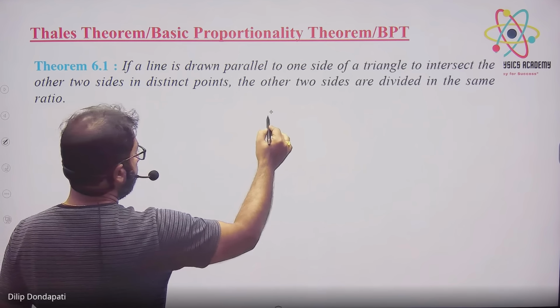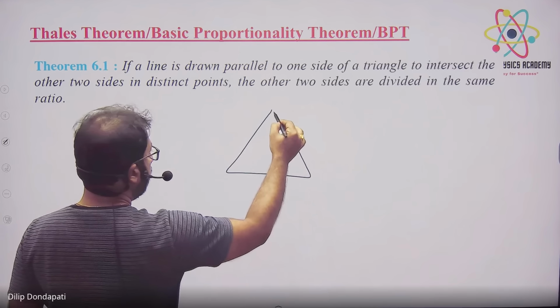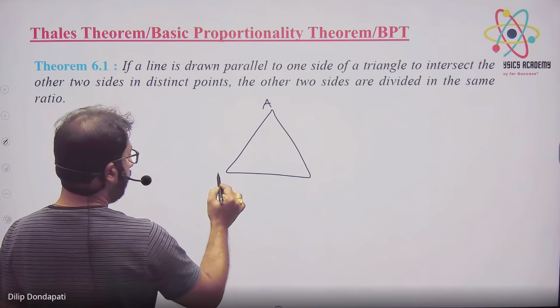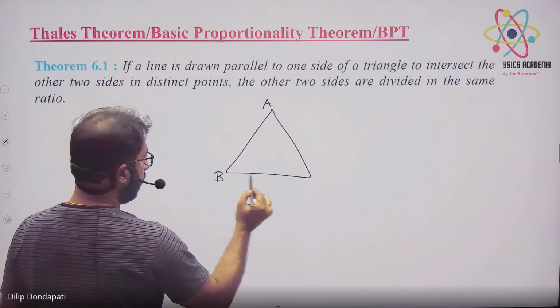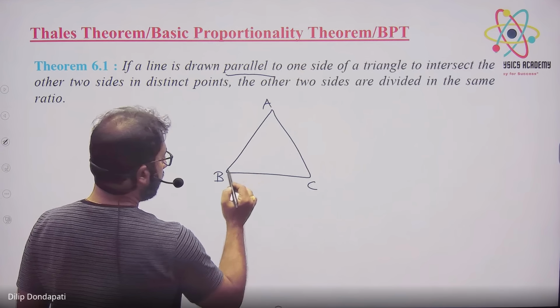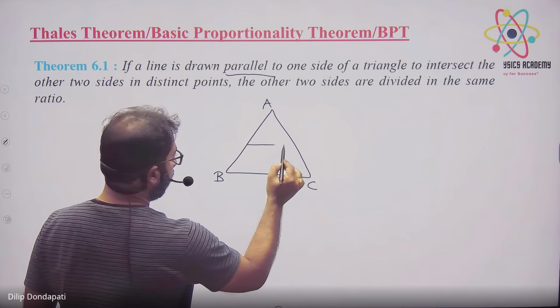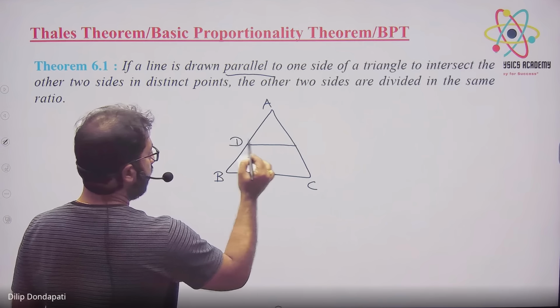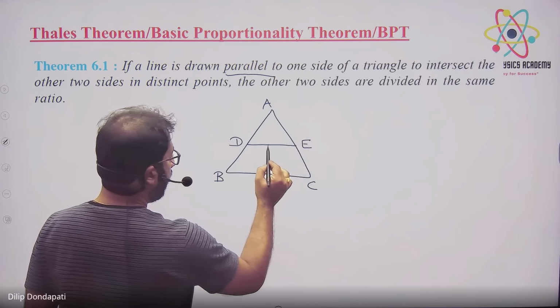A triangle is here. ABC is a triangle. If a line is drawn parallel to one side of a triangle, so I'm drawing one line parallel to one side, I can call it DE. Compulsory it must be parallel to one side.